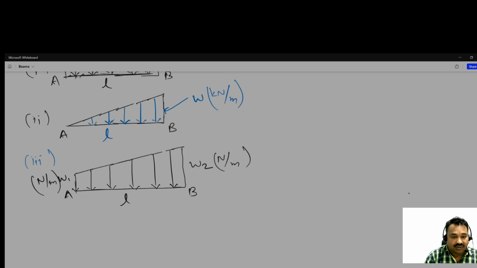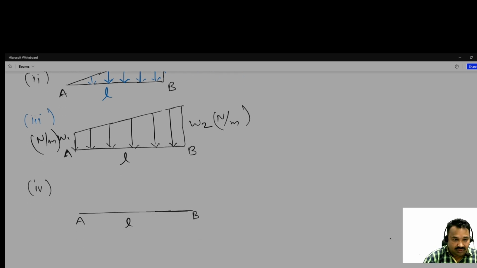Now the fourth one. The beam name is here A, B of length L, and it is symmetric.